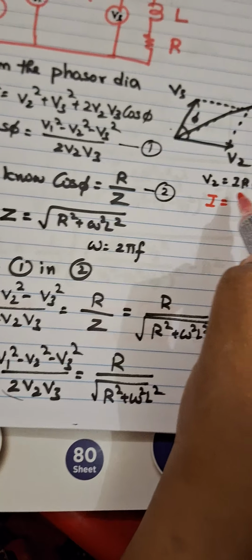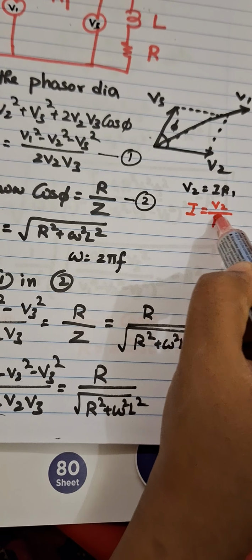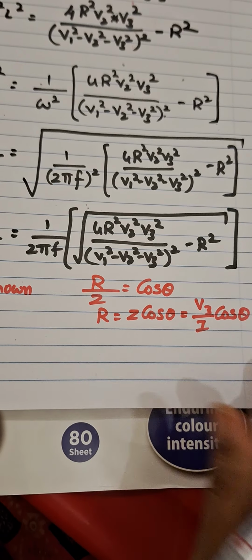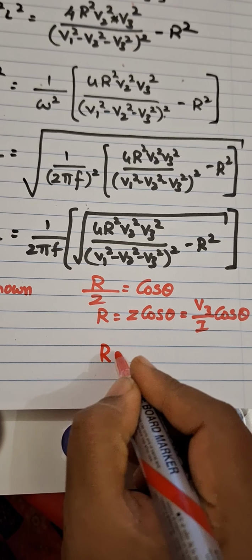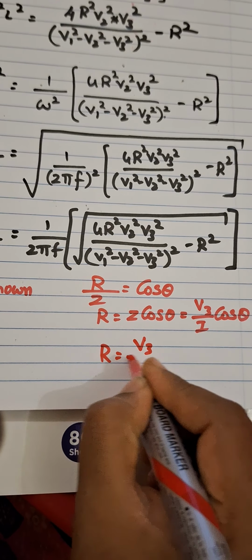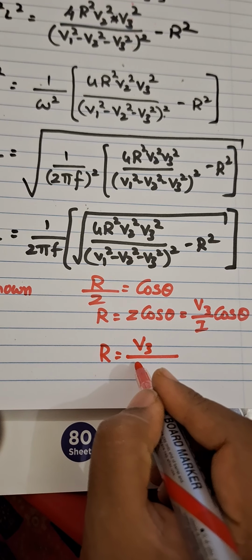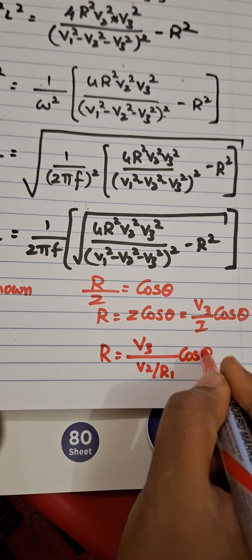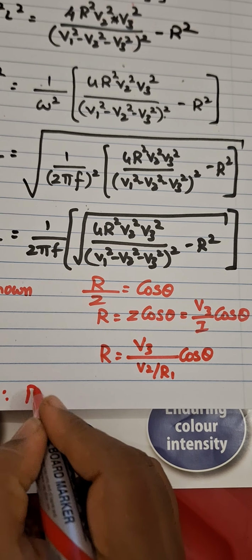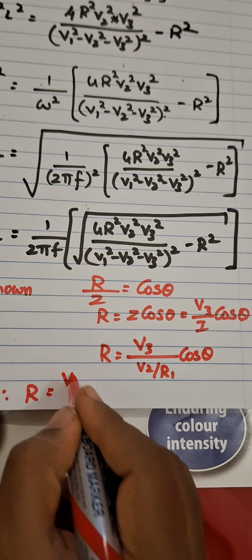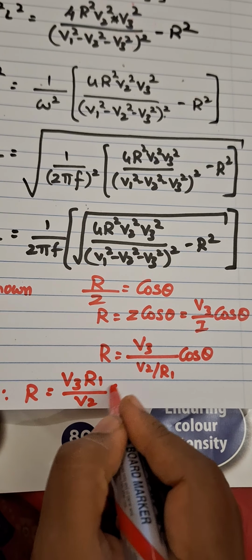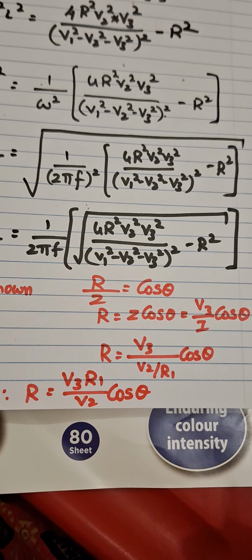I is equal to V2 by R1 from here. So R is equal to V3 by I, which is equal to V3 R1 by V2 cos theta. Therefore I can say R is equal to V3 R1 by V2 cos theta.